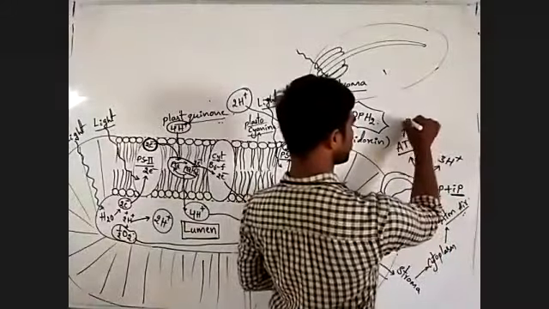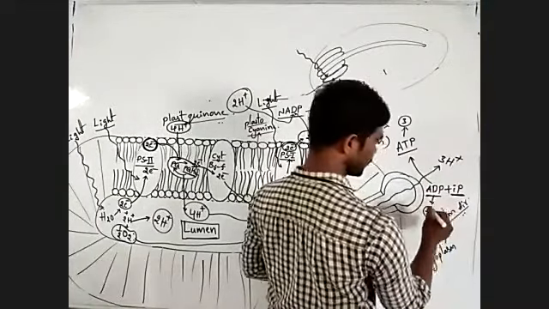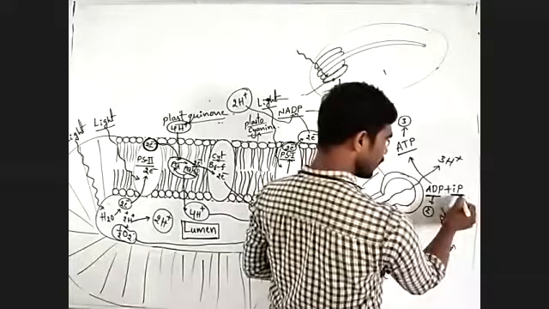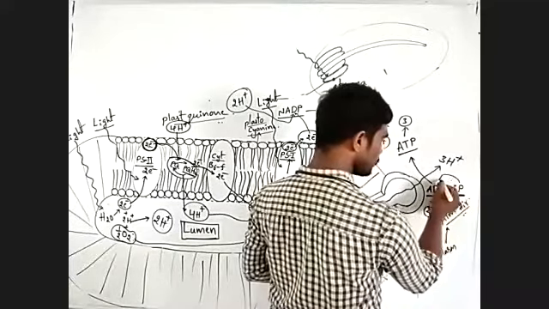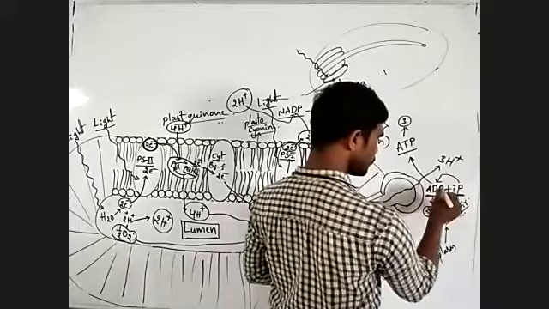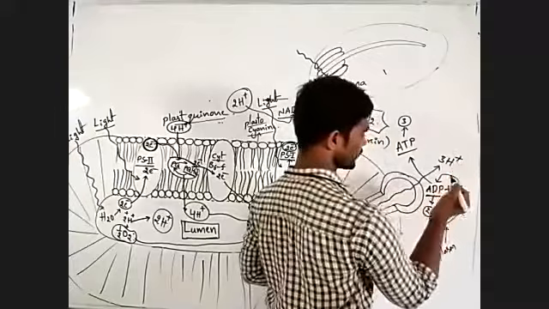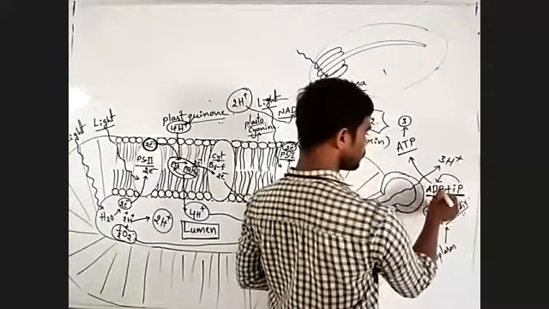In ATP 3 phosphates are there. In ADP 2 phosphates are there. Here 1 phosphate. When this inorganic phosphate is combined with the ADP, here also 3 phosphates are present.